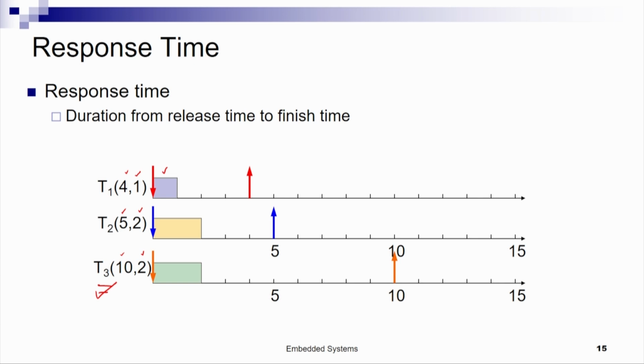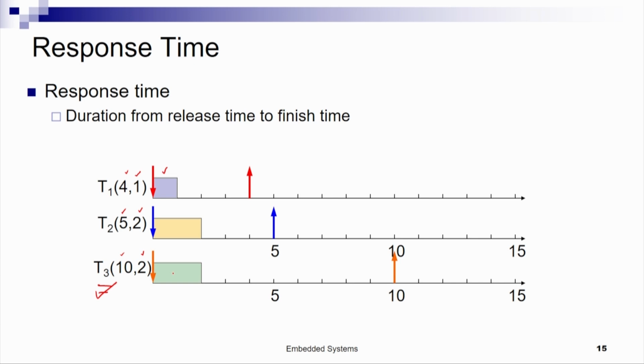So, T1 executes first, and after T1 executes, T2 will get a chance to execute because it has the second shortest period length, and only after both T1 and T2 have got a chance to execute their jobs, T3 can get a chance to execute.